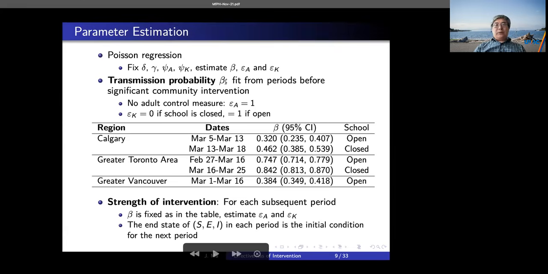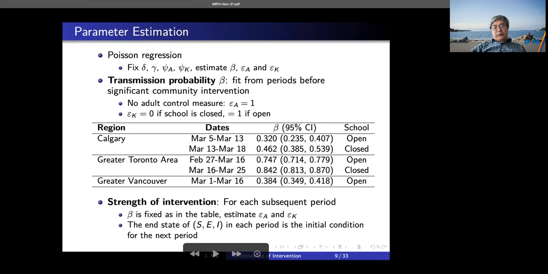What we really want to know is how interventions change this probability, and that's the epsilon A's and epsilon K's. So for each subsequent period, we're fitting our model to each period with beta fixed from this table and with epsilon A and epsilon K fitted from data.